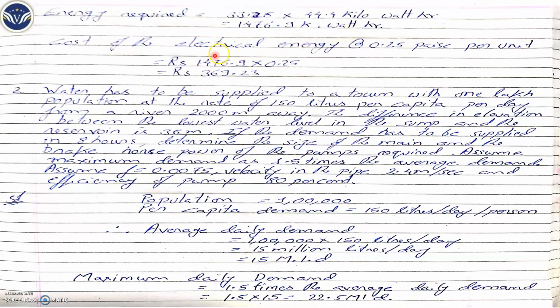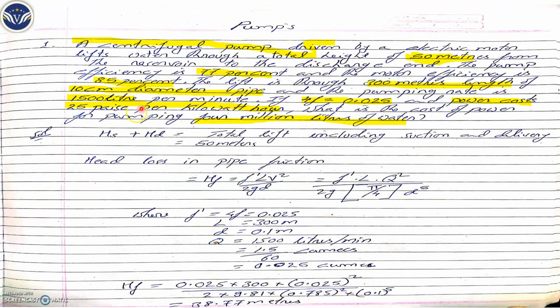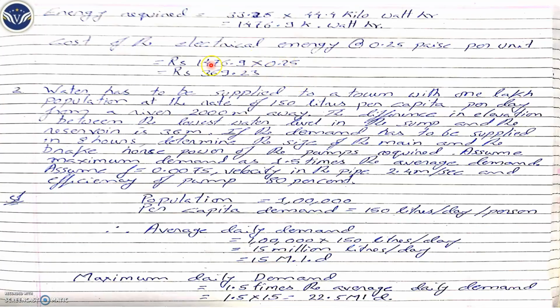So what we need to do is multiply this value by 0.25, which has been already given in the problem itself. Okay, so the power cost is, sorry, 25 paisa per kilowatt hour. So that is multiplied here itself. So you'll have the value around 369.23. So this is the cost of electric energy.